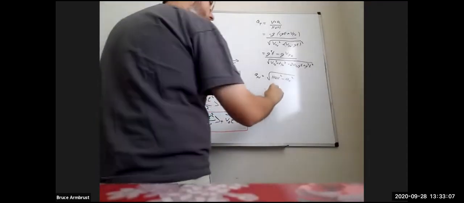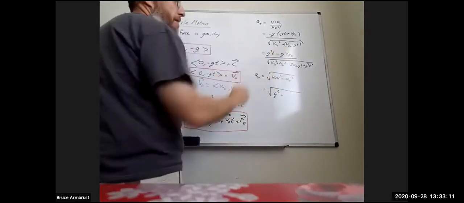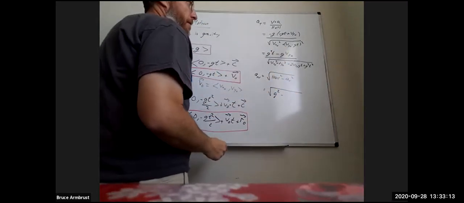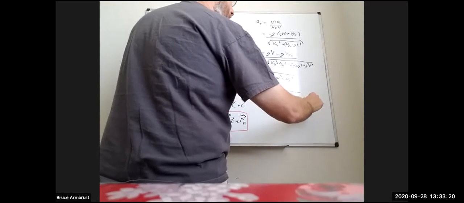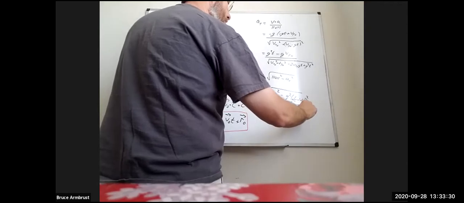So we're going to get g squared minus this thing squared. Okay, well, that's going to be g squared times (gt minus vy naught) squared, divided by all of that stuff. We can get rid of the square root now.